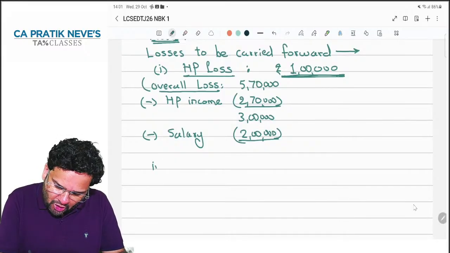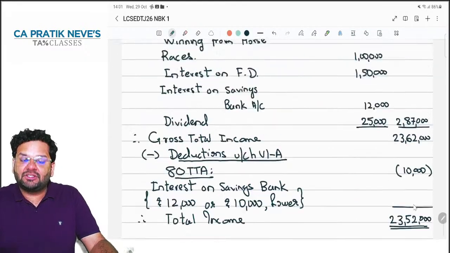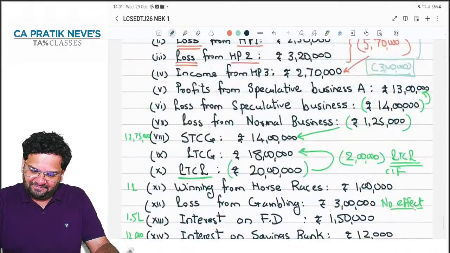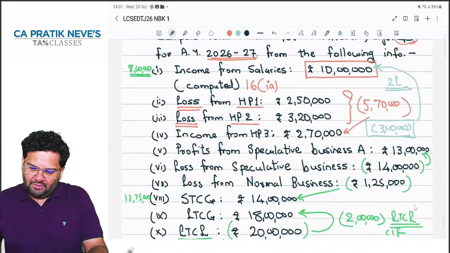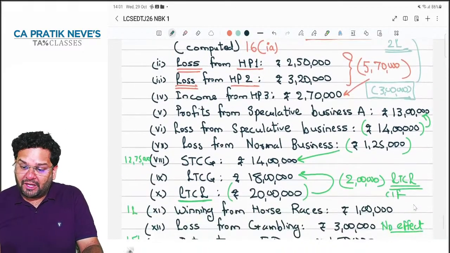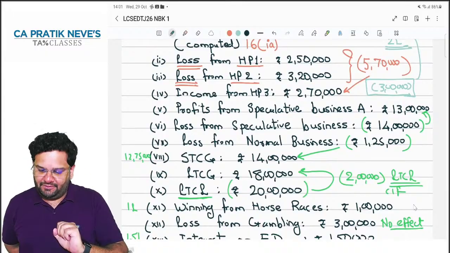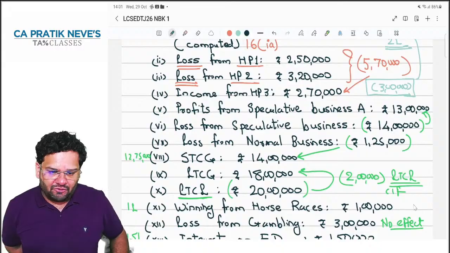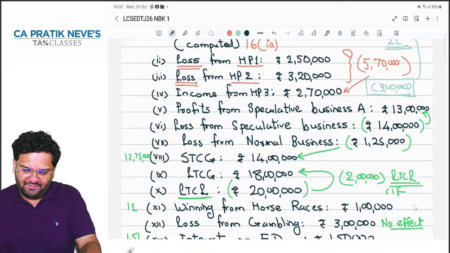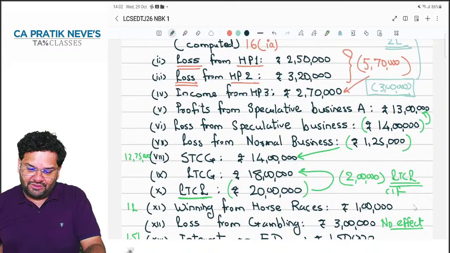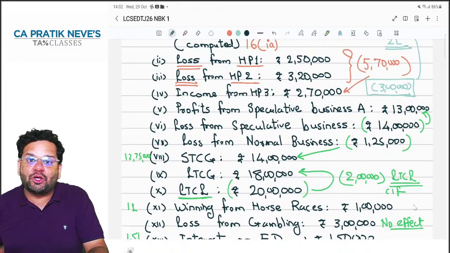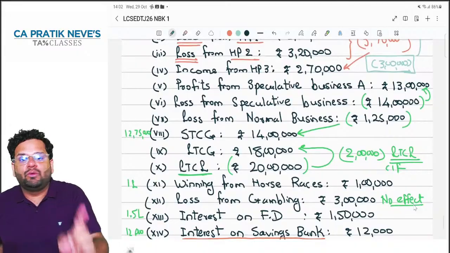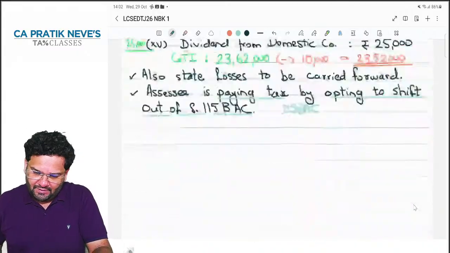After HP loss, which else loss will be carried forward? Loss from speculative business of 1 lakh. How 1 lakh? Profit from speculative business was 13 lakhs. You have set off loss from speculative business against that 13 lakhs. 1 lakh was remaining.